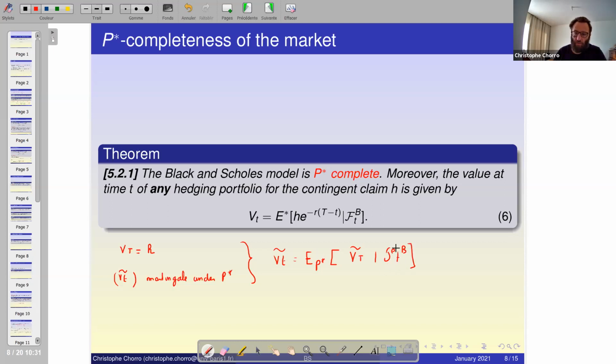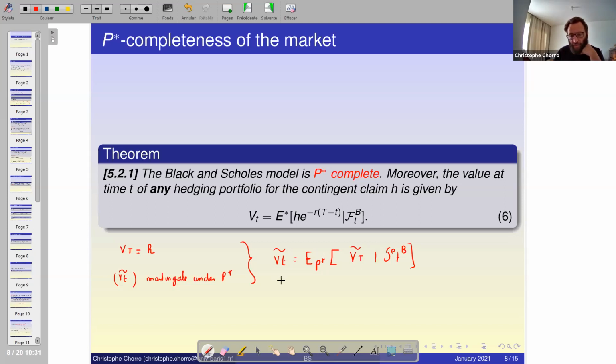Let me also remind you that in my situation, the information filtration is the one of the historical Brownian motion, but it is also the one, as introduced in chapter 4, generated by the risky asset, or the one generated by the new Brownian motion W. In my situation, all these three sigma algebras and filtrations are the same here.